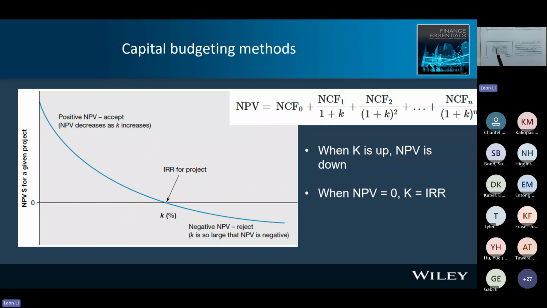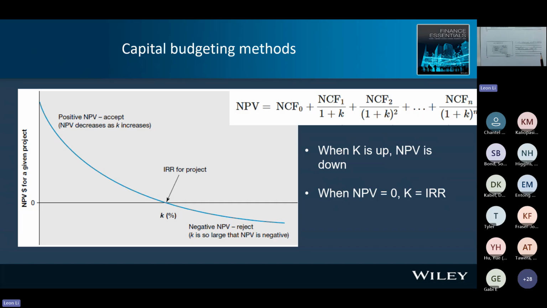So in this area, NPV is positive, and your IRR here is higher than K. On the other hand, this area, NPV will go down to here, right? Negative NPV, and your IRR is here, is smaller than K. And the special case is here, 0 NPV, IRR is equal to K.